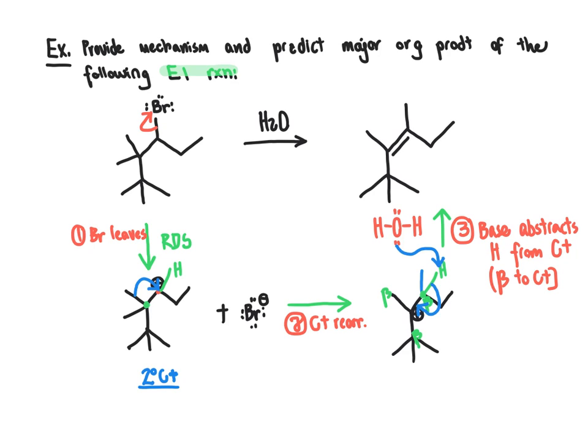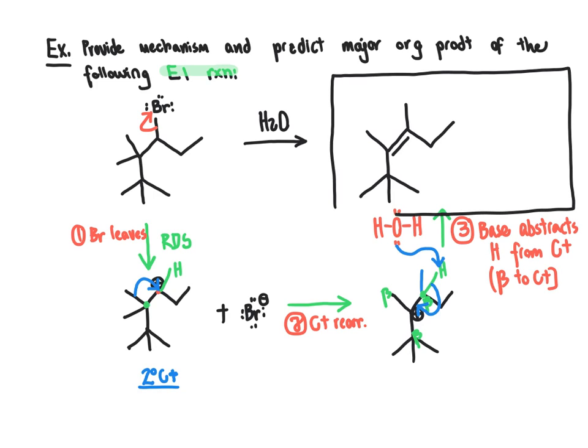So another thing that I very often like to do is include extra tidbits in the problem, such as name the final reaction product. So now's your opportunity to test your skills at coming up with the name for this particular product.